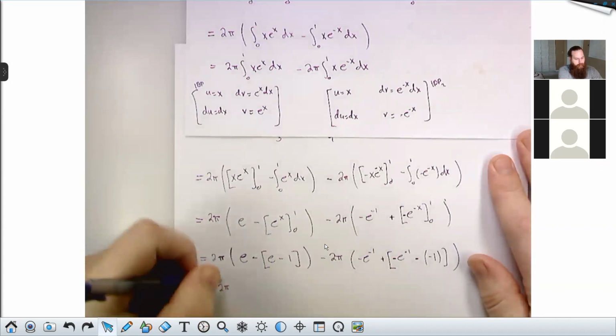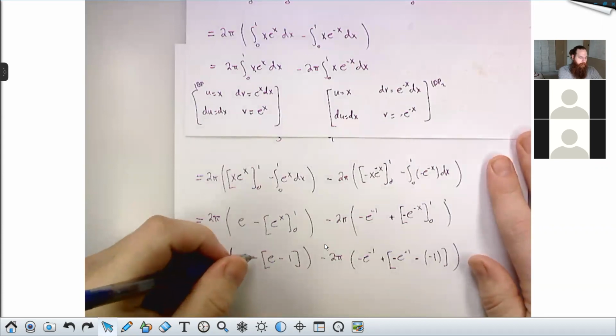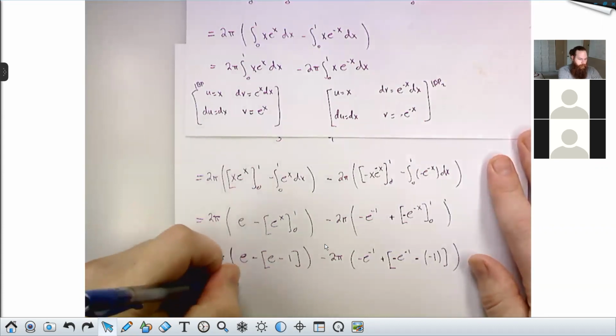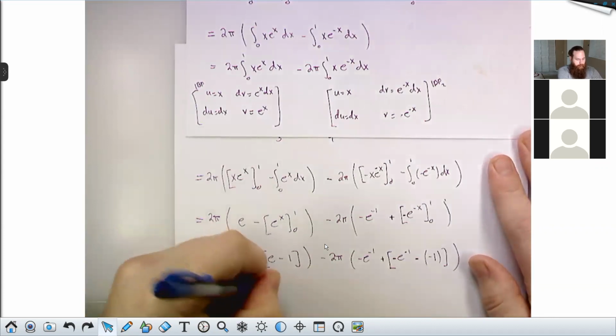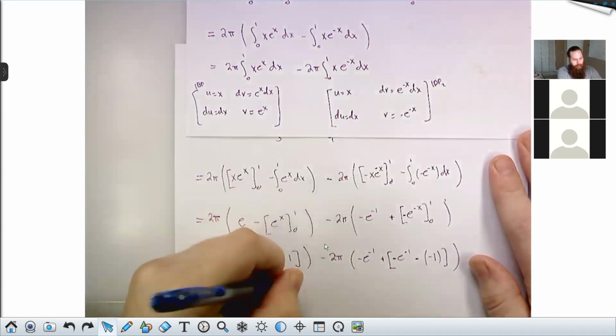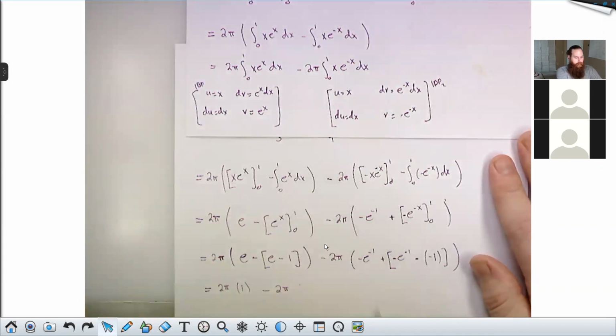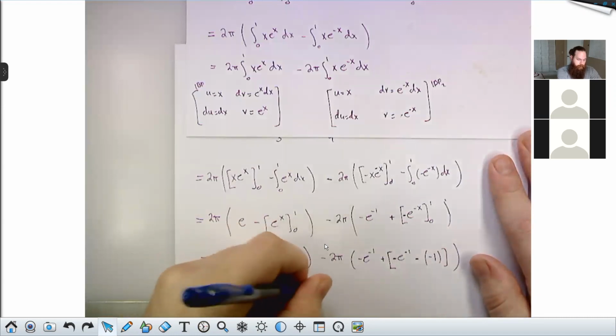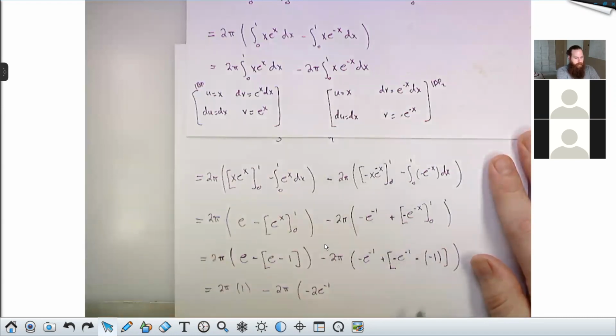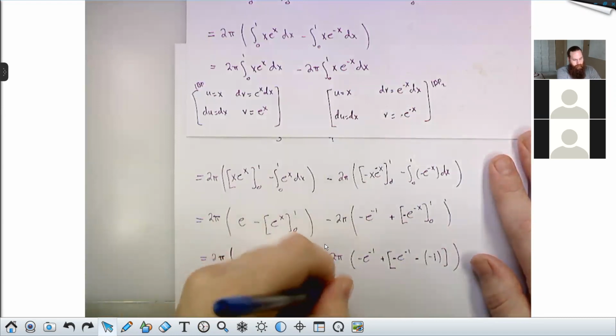This is 2 pi, e minus e, that's 0, and then minus negative 1, that's 1. So this piece right here is just 1 minus 2 pi times. Here I've got negative e to the negative 1 plus negative e to the negative 1, that's negative 2 e to the negative 1. And then no negative to distribute here, so this is just going to be a plus 1.